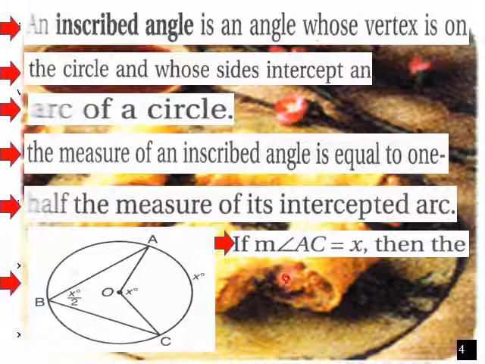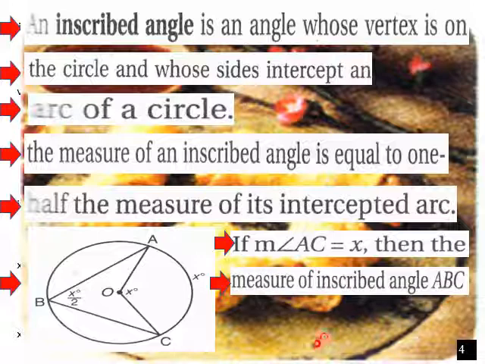So the measure of arc AC equals x. The measure of its inscribed angle ABC will be 1/2 of x. So the measure of this angle here would be 1/2 of this arc here.